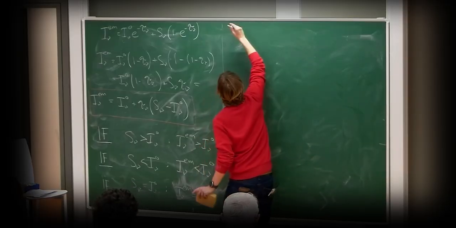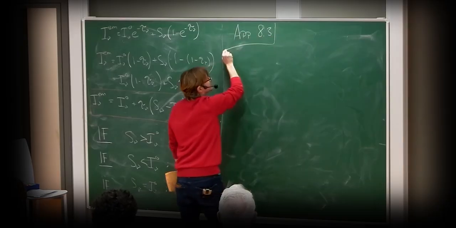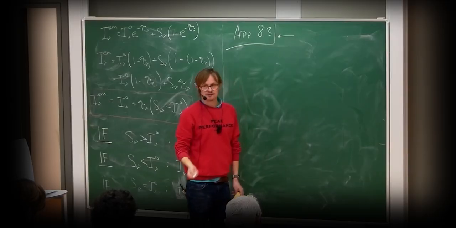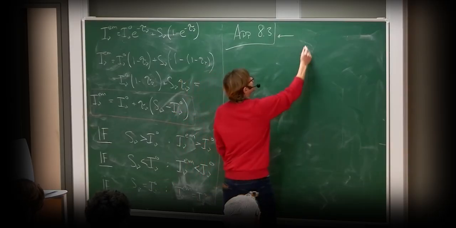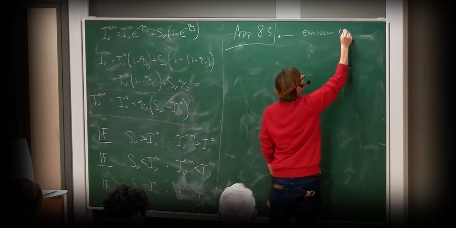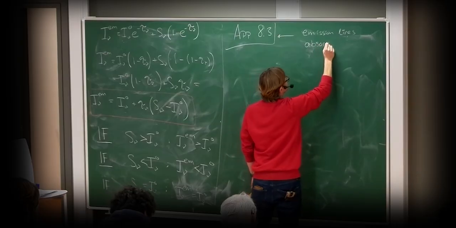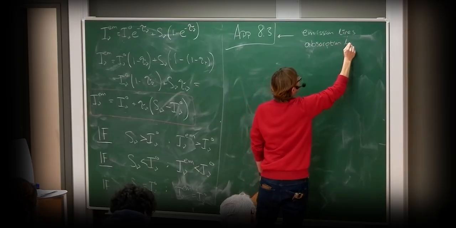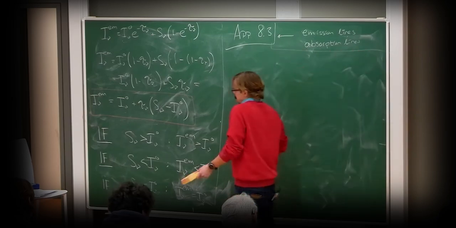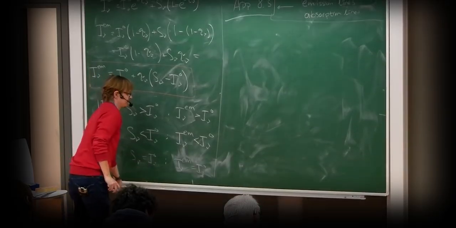Later during the course, we will use this in application 8.3 in the lecture book to explain why certain astrophysical objects have emission lines and certain have absorption lines, as we qualitatively have discussed. And we can already now do some sort of qualitative discussion of this.